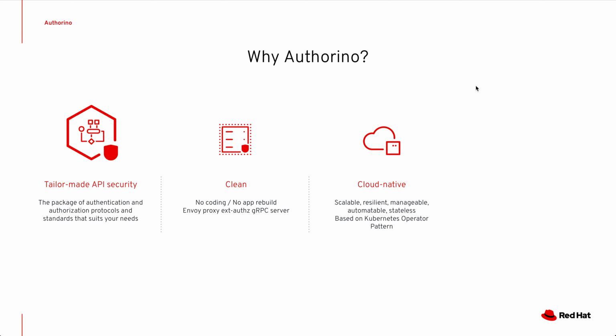It comes with all the benefits of a cloud-native application. It is scalable, resilient, stateless, manageable as code, fully automatable. And of course, Authorino is open source and based on open source technology and open source standards for Auth, including OAuth 2.0, OpenID Connect, Open Policy Agent (OPA), User Managed Access or UMA, amongst others.